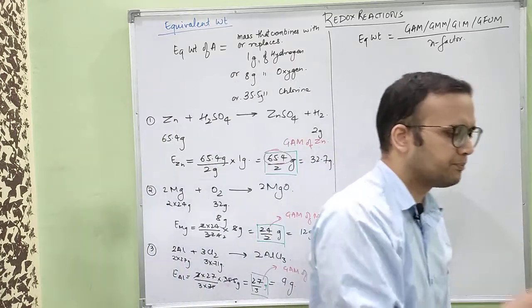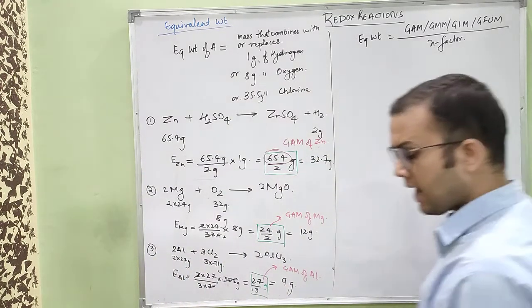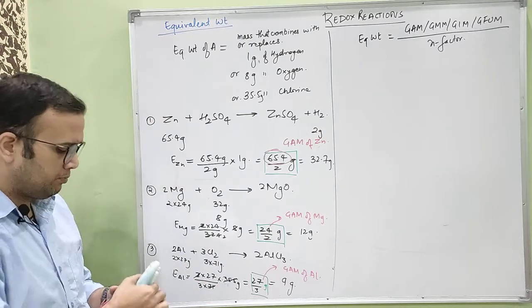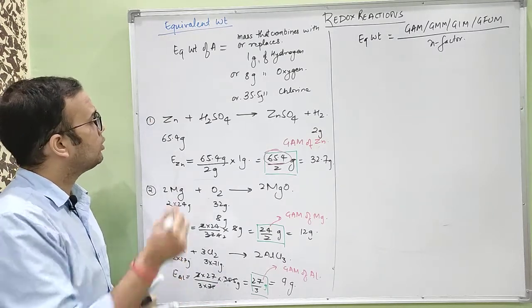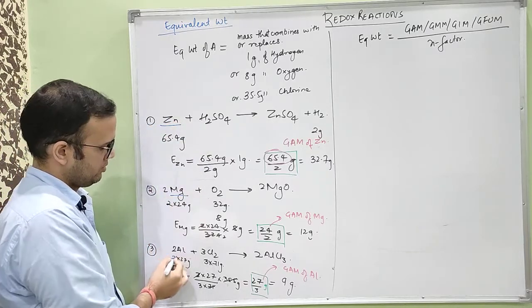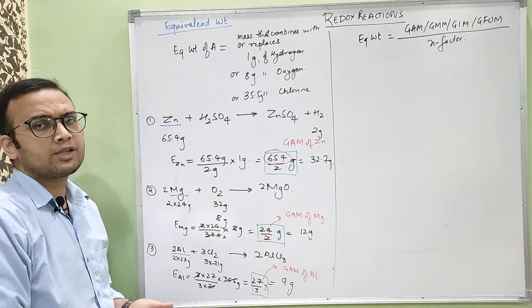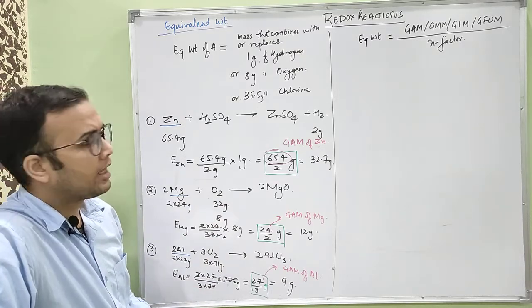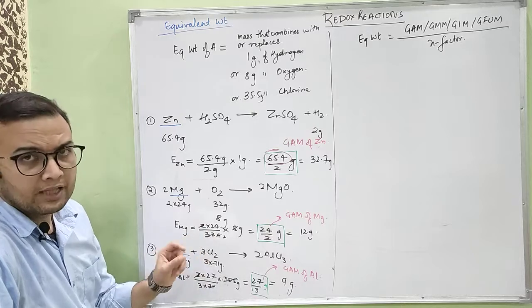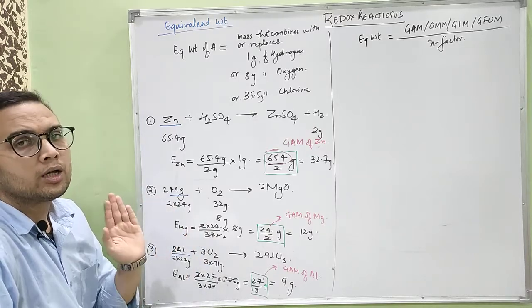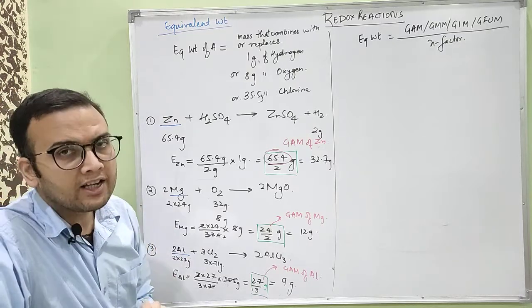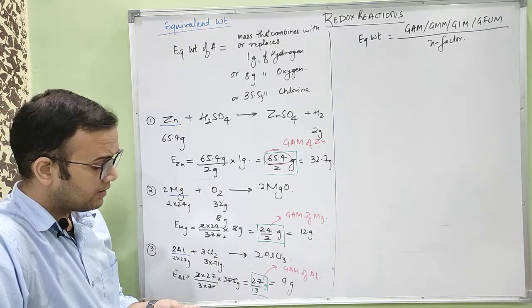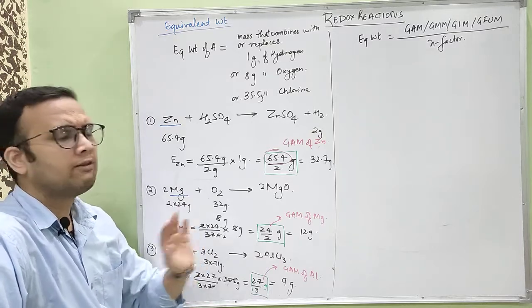From the above examples we can see that equivalent weight of a particular species is equal to its gram atomic mass divided by some number, which is called N factor, comma, valence factor or X factor. Okay? We will go with N factor.